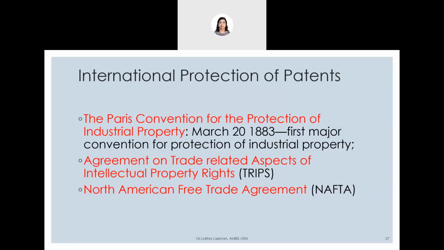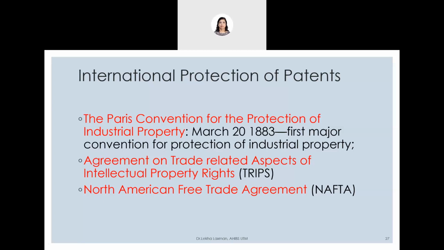Now, this particular international agreement is very much, should I say, problematic for developing countries, because this agreement was basically forced on to the developing countries by the developed countries, such as the United States, Japan, and a few other industrialized countries.